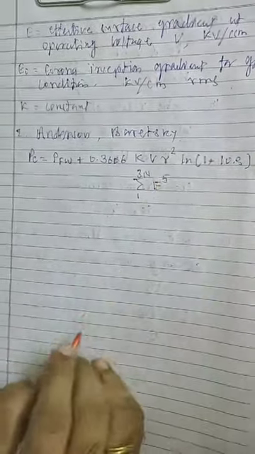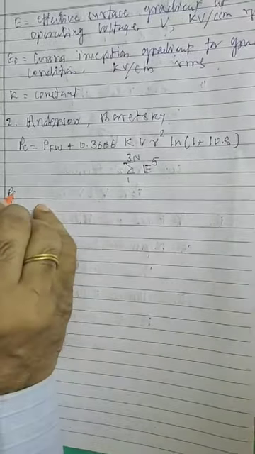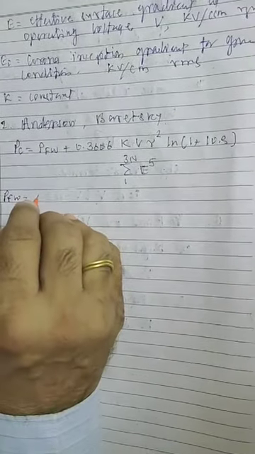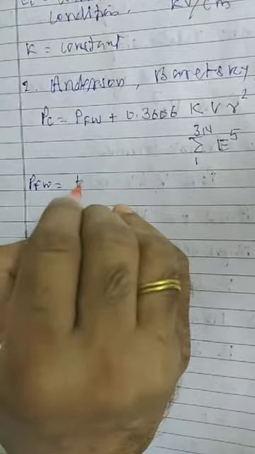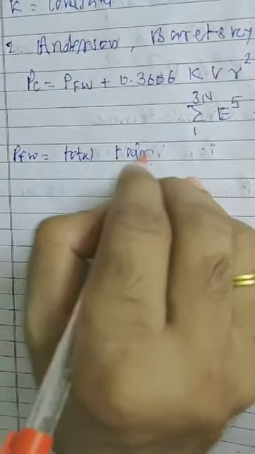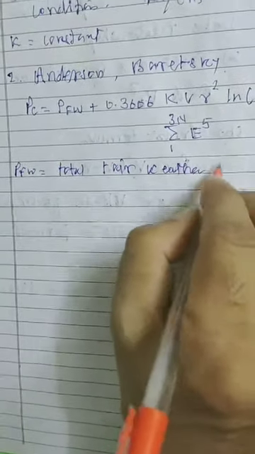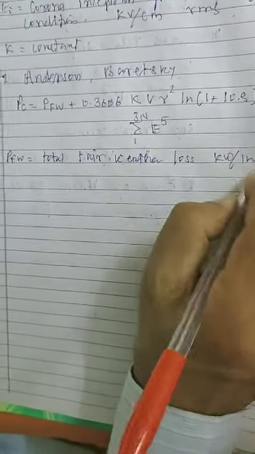Where PFW is the total fair weather loss in kW per kilometer.